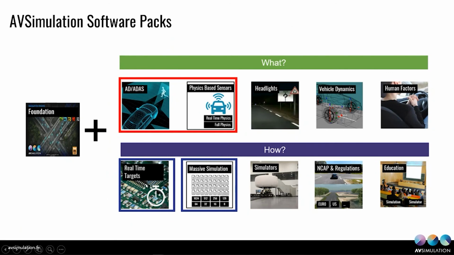That gives you access to the feature, and the architecture will be the same. It basically gives access to the API on the real-time targets. AVSimulation also provides the service of designing the whole architecture, so we can provide a service with a turnkey system if needed.